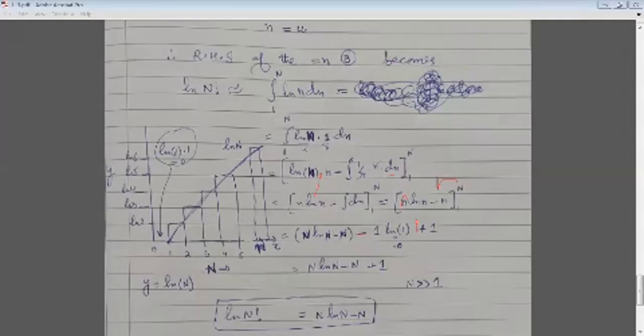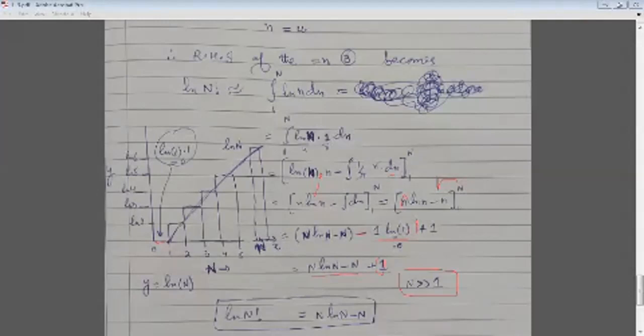So you remember ln of 1 is equal to 0, what we have already learned, so this part becomes 0. It remains N ln N minus N plus 1. But if N is very much greater than 1, that means N is a very large value, we can neglect this plus 1.